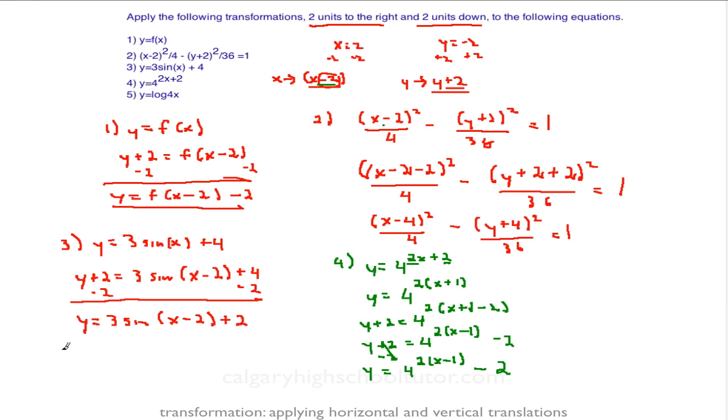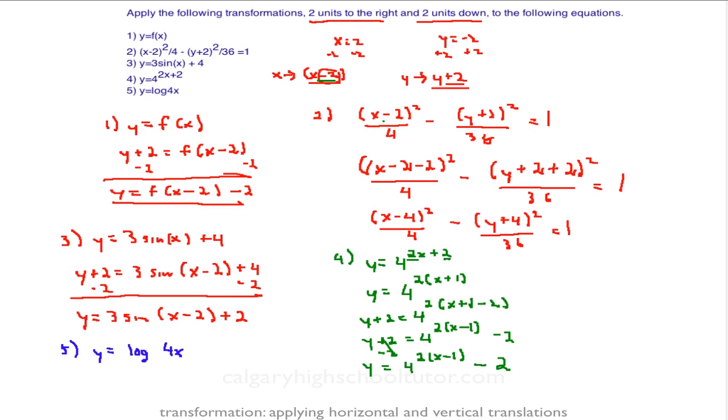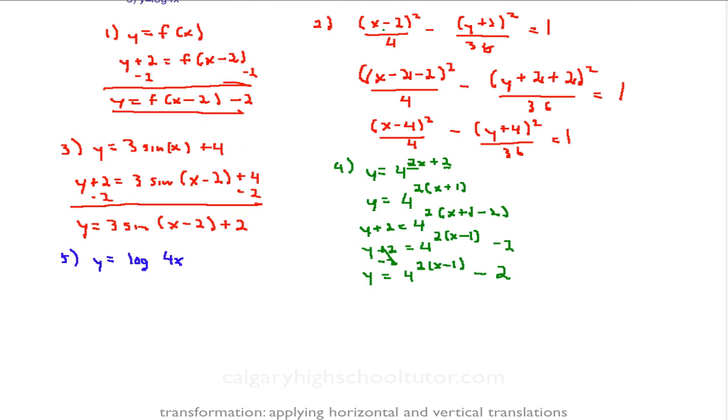Now for the final question, we're given a log function, y is equal to log of 4x. Before I move on, I'm going to scroll down a bit to give me more room. We substitute y as y plus 2 is equal to log of.